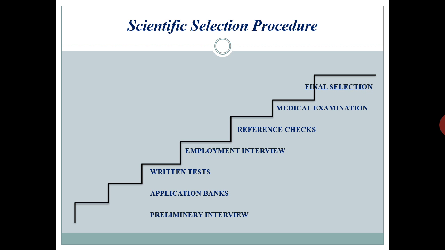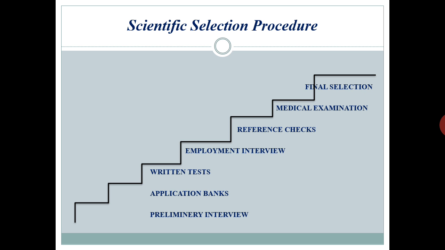In that application you are required to fill up the data which the organization requires: the details about the age, qualifications, why they have left the previous job, and their experience. All these things are required to be filled by the candidate, and after filling this form, they are required to submit it to the concerned person.